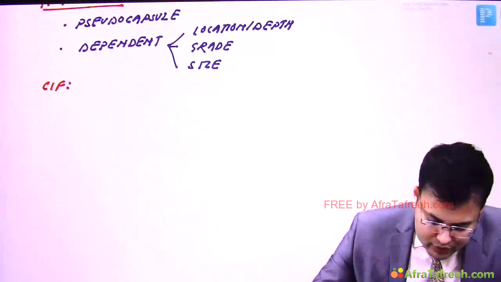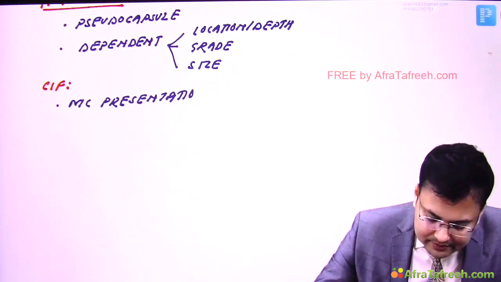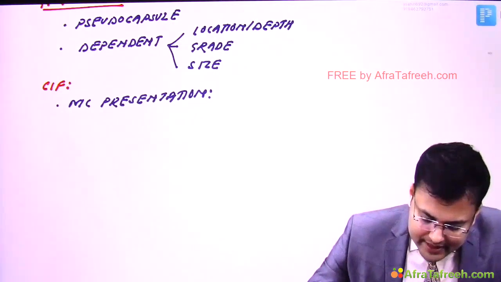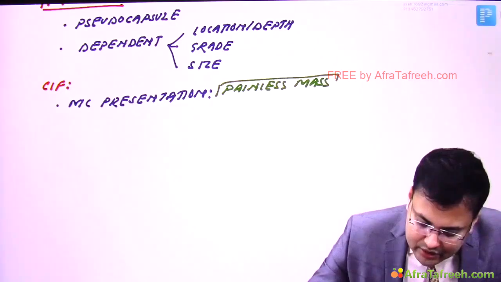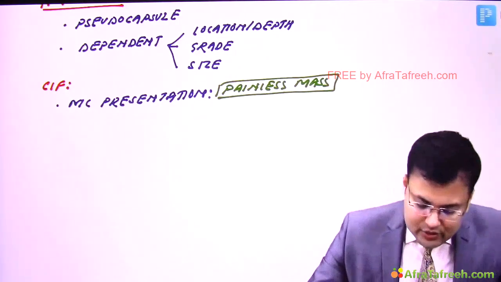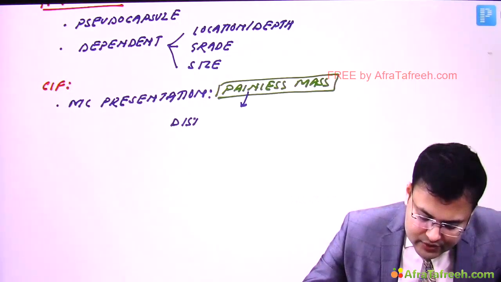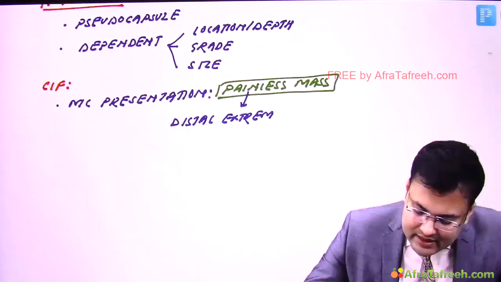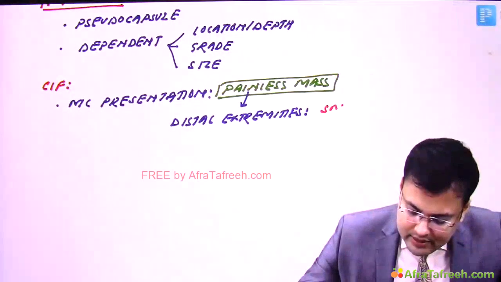Okay, so clinical features. What's the most common presentation? The most common presentation is painless mass. Usually it's large, but size is dependent on the location. Clear? Now see, size is dependent on the location. So in distal extremities it's relatively smaller, right?